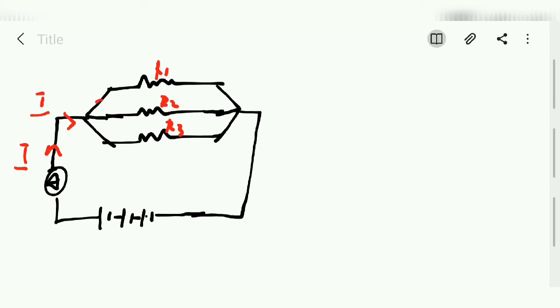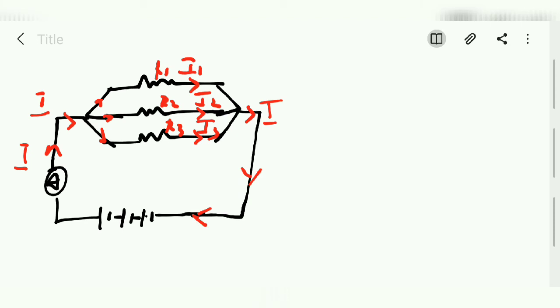But here you could see the current is splitting up, correct, and then it is getting united. Now since it is split up, I'll name it as I1, I2, I3, and once again it is coming back to I, right? So this is how it more or less often looks.